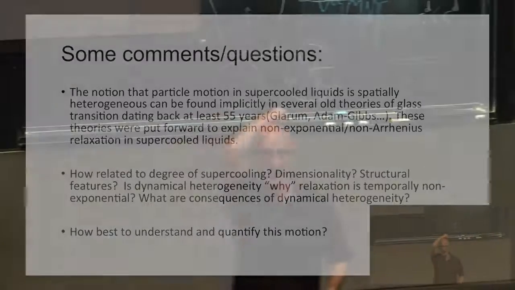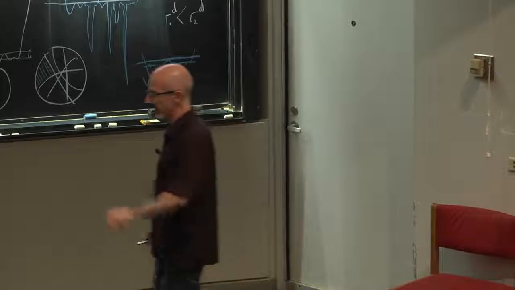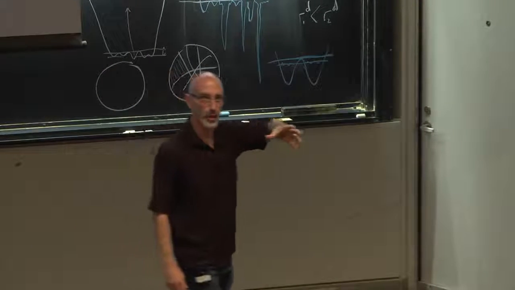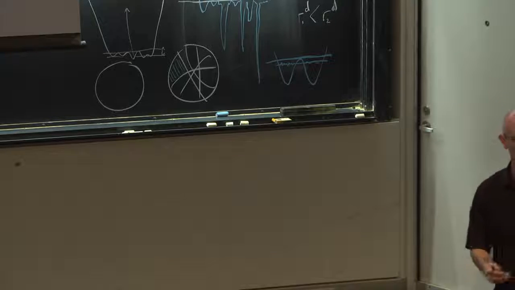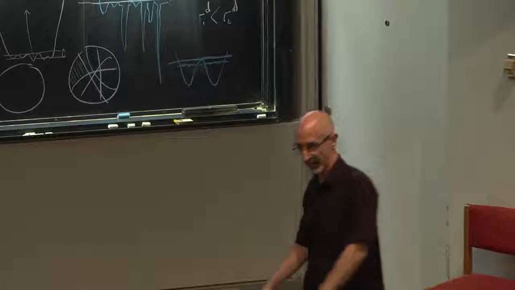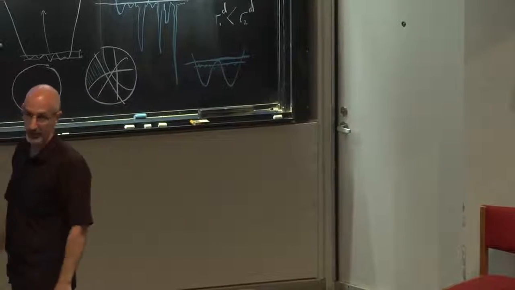It's not the random first order theory, but it is a motivator for it. The notion was that for particles to move, a bunch of particles together have to move. That gets harder and harder, and therefore the length scale associated with that cooperative motion has to increase. This paper is 1965, so that's quite old.